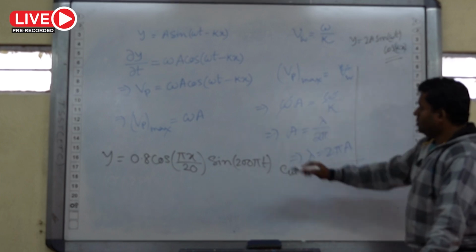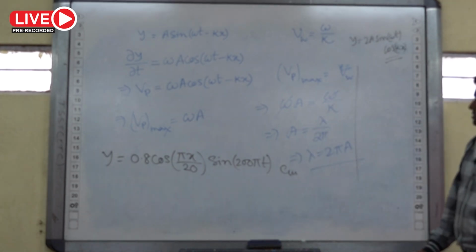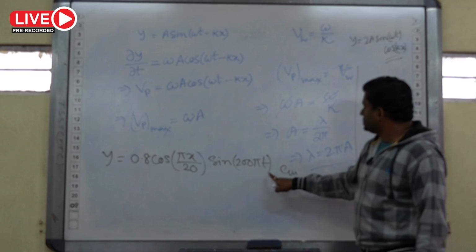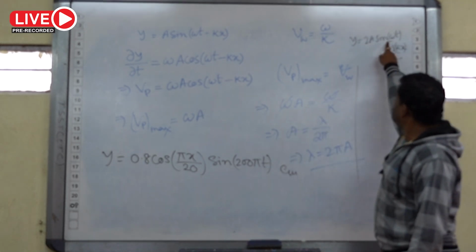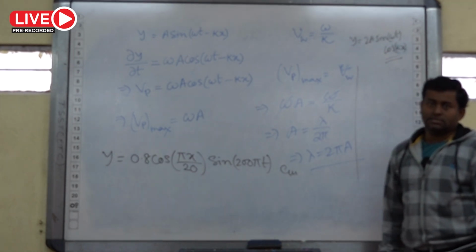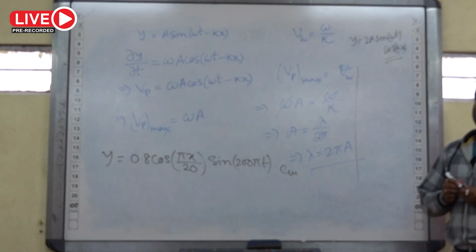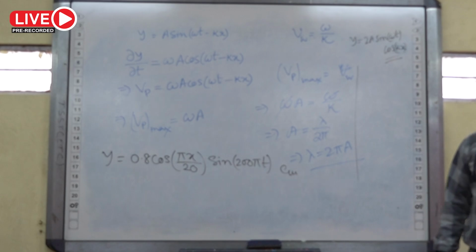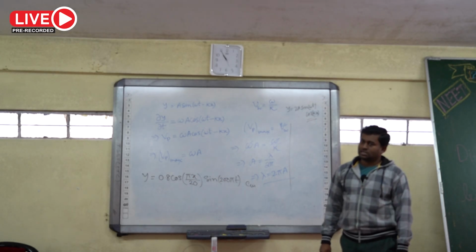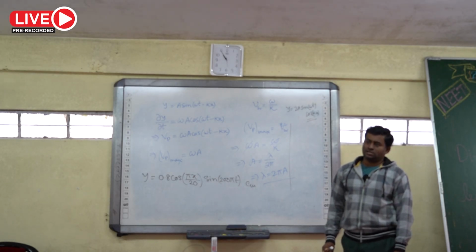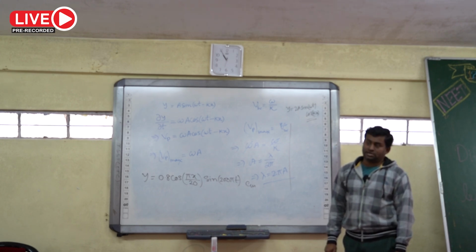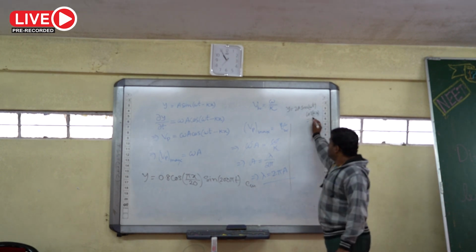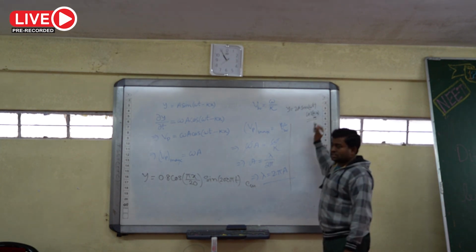Okay. Now compare this equation. In the sine function, it is 200 pi t, that is omega t. From omega, I cannot find the value of lambda, because from omega I can find the time period T. Then, cos kx.